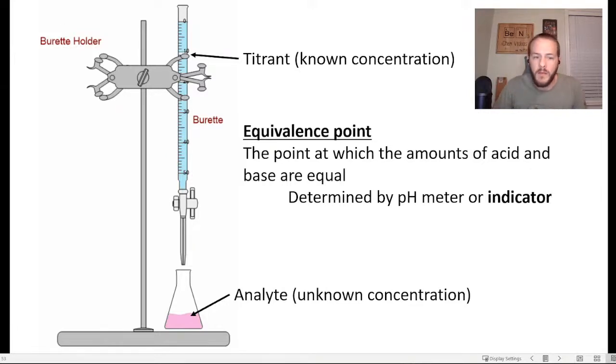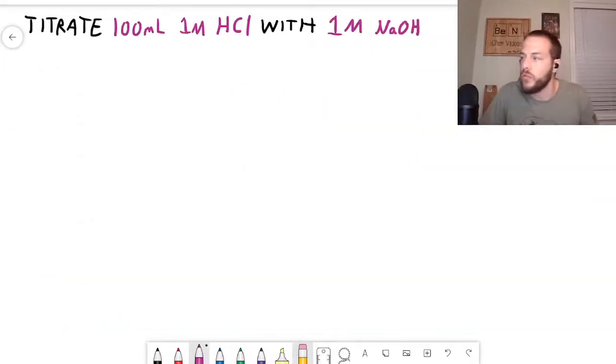So in this live stream, we're going to calculate the pH values along the way of an acid-base titration. So we're going to set up a scenario in which we're titrating a strong acid with a strong base.